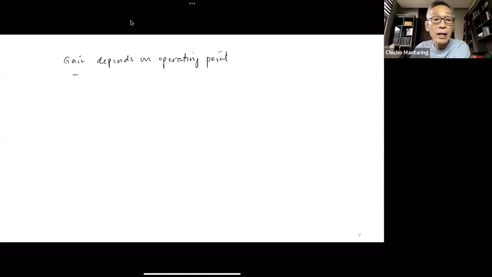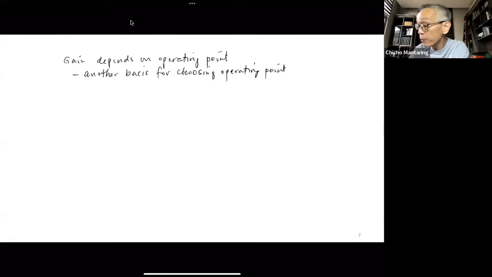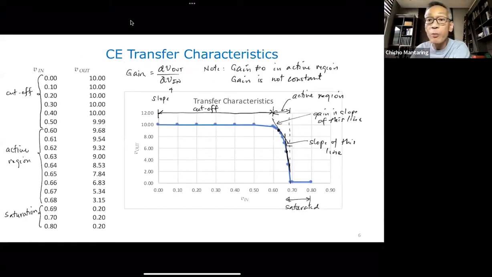And so that is another basis for choosing your operating point. Remember your operating point or your Q point? Your operating point or your Q point is the point you want your bias circuit to establish when your input voltage is equal to 0.